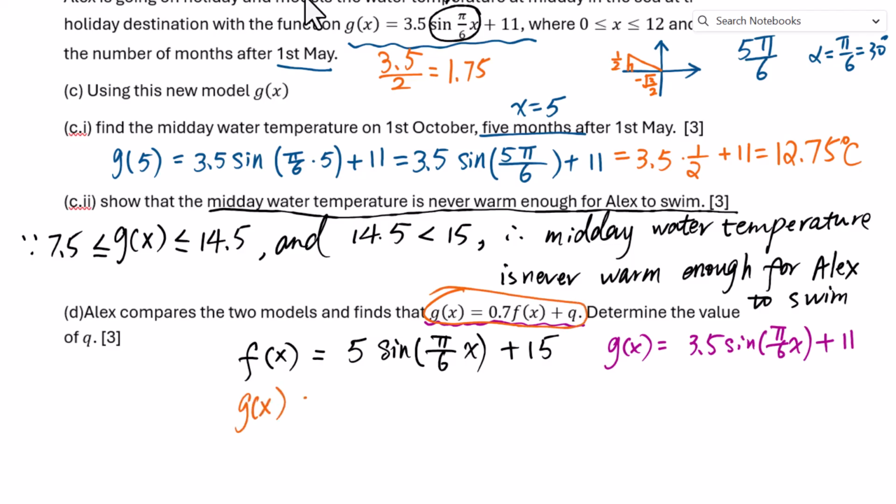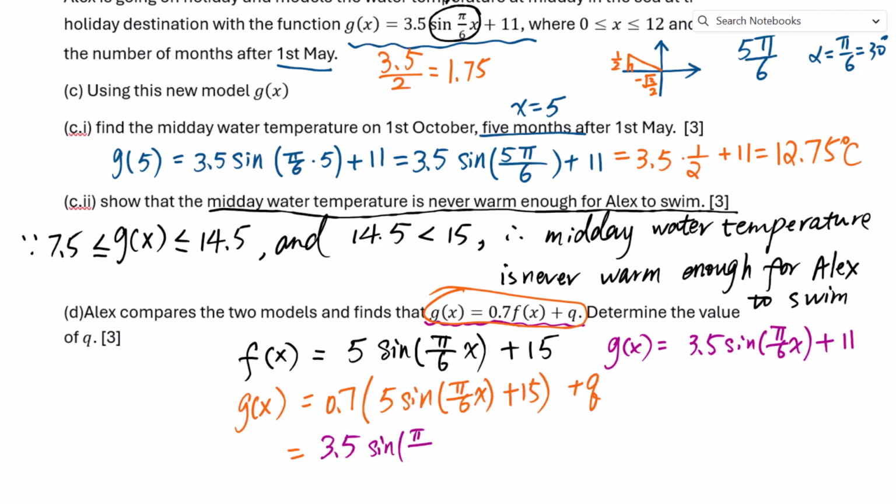g(x) equals 0.7 f(x) + q, which is 0.7(5 sin(πx/6) + 15) + q. By the distributive property, 0.7 times 5 is 3.5 sin(πx/6), and 15 times 0.7 is 10.5, plus q.